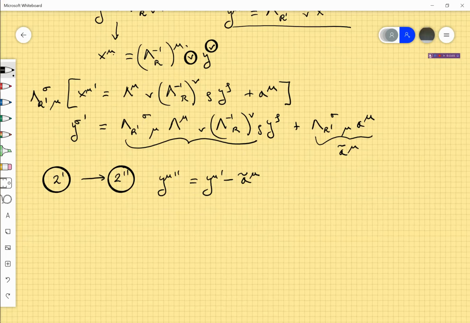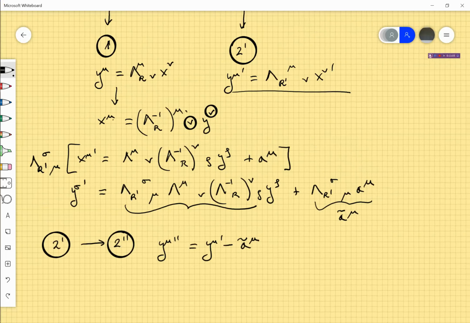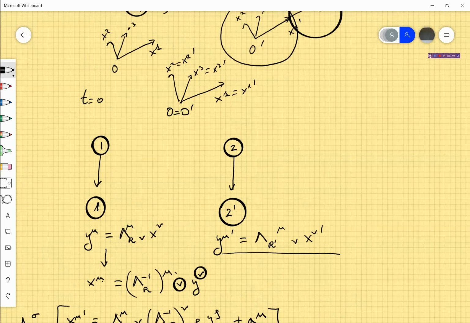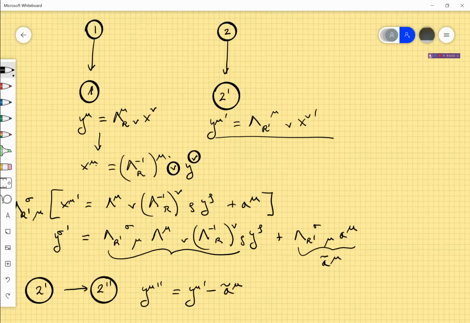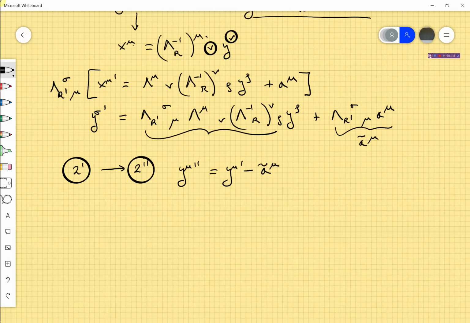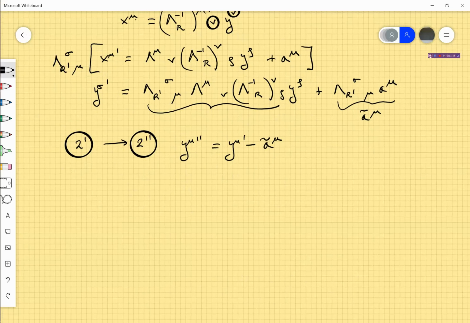If you use this relation, this is just shifting the origins, so the origin of O prime coincides with the origin of O, but I'm shifting the origins in both space and time. This is important.